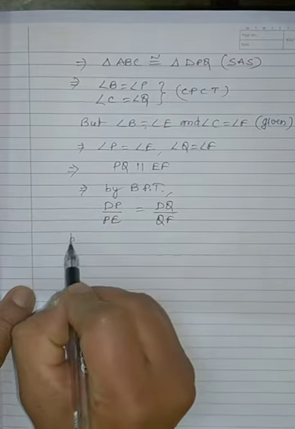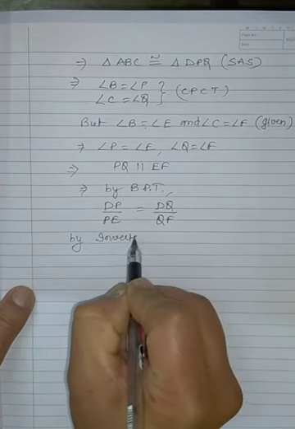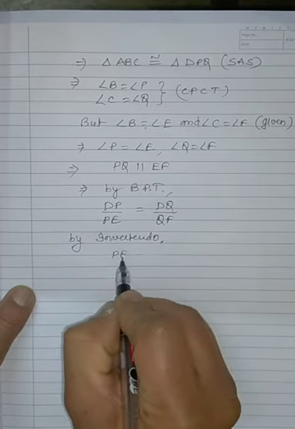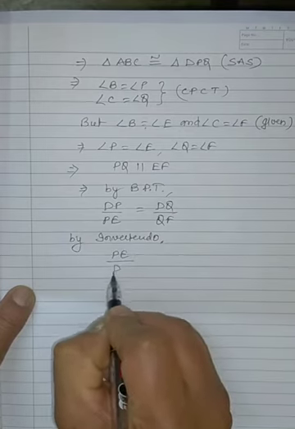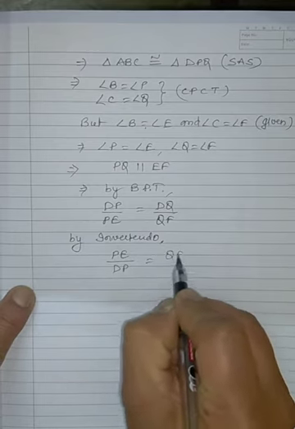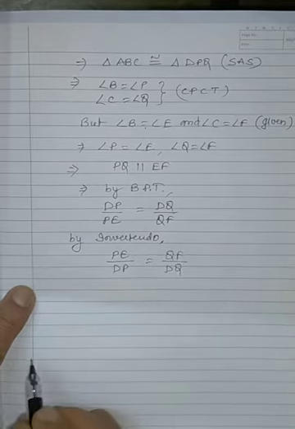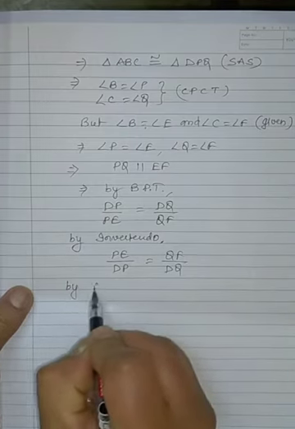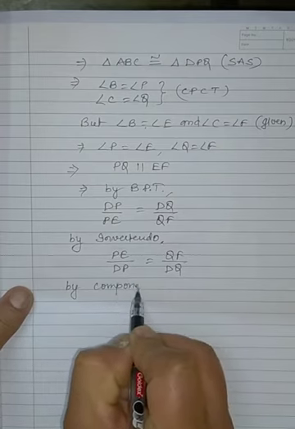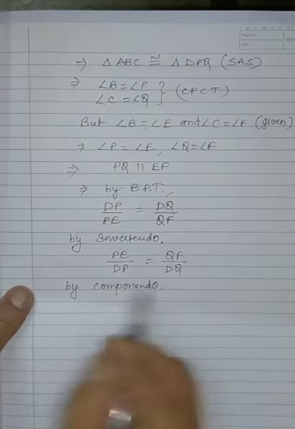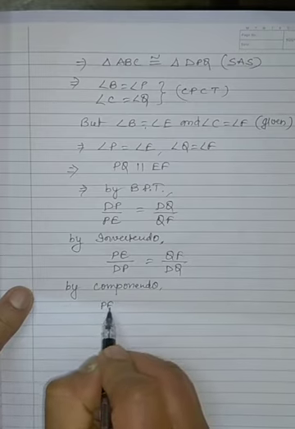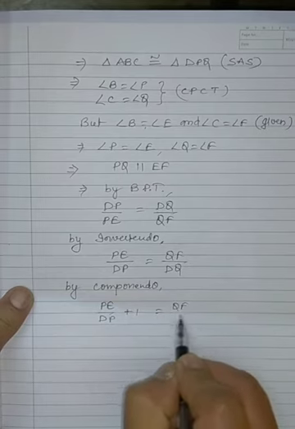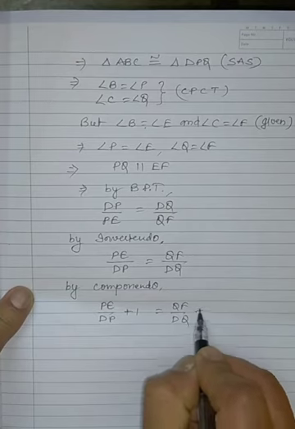So here I will apply invertendo, and by applying invertendo, it becomes PE upon DP is equal to QF upon DQ. Now let's apply componendo, in which we add one both sides. So PE upon DP plus 1 is equal to QF upon DQ plus 1.